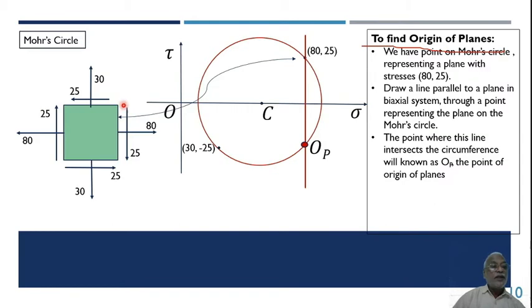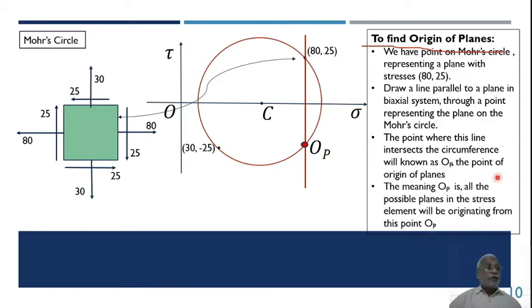If you draw a line parallel to this, that is a horizontal line, through this point, you will end up with the same point OP. That's nice. You can take vertical or you can take horizontal, but the corresponding point, corresponding planes and parallel lines have to be drawn. You end up with the same OP, or origin of planes.